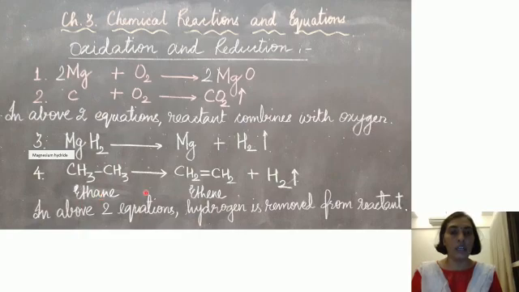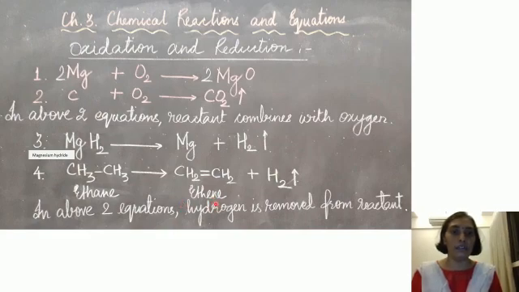Now this ethane here, it has decomposed to give you ethene. You can see that it has become CH2 double bond CH2. You can see 2 lines now, and so we read it as double bond. So it is CH2 double bond CH2, and the name of the compound is ethene.